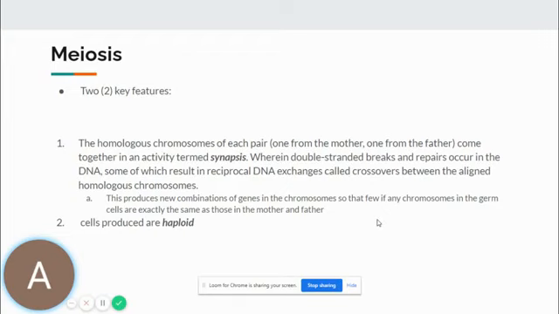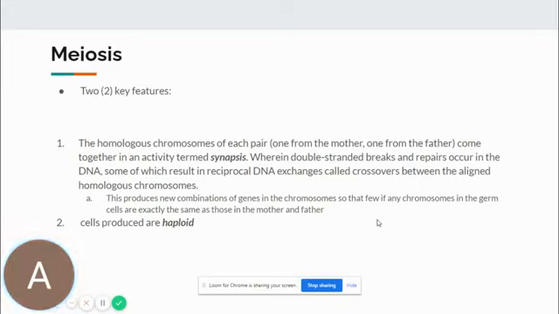So number one, the homologous chromosomes of each pair, remember, one comes from the father and one comes from the mother. Why are they homologous? Because they contain alleles of the same gene. So they're not necessarily identical. They're just homologs. They are the same form of the same gene. They come together in an activity termed synapsis, no? Synapse.